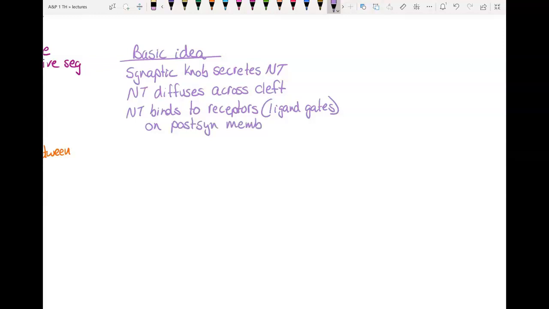And then that makes these gates open. And when they do, ions move in and out. And then you have the signal. Signal is received.